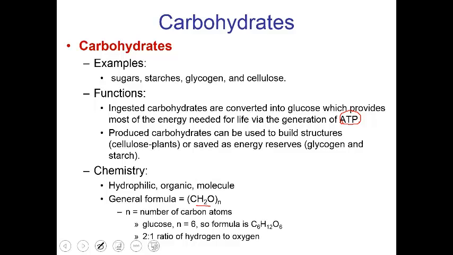So one of the simplest carbohydrates is glucose or blood sugar. Now in blood sugar, there are 6 carbon molecules, 12 hydrogen molecules and 6 oxygen molecules. So C6H12O6.